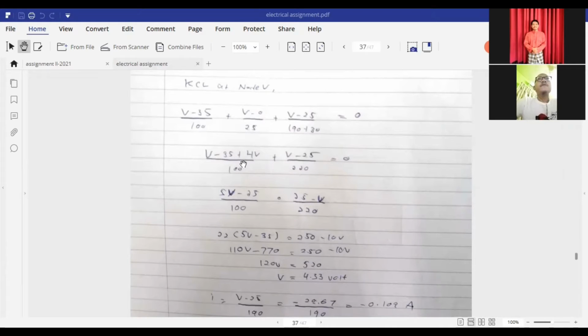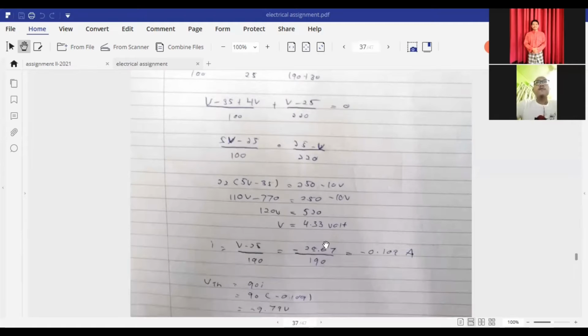V minus 35 plus 4V over 100 plus V minus 25 over 120 equal to 0. In the last one, we got V 4.33 volt.